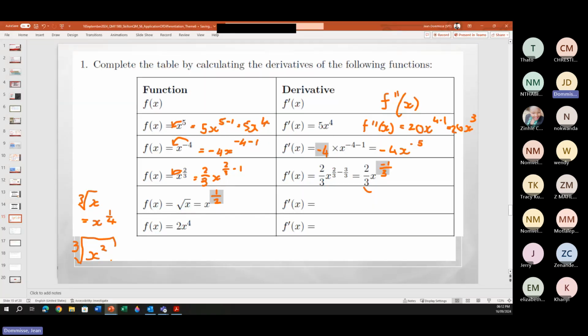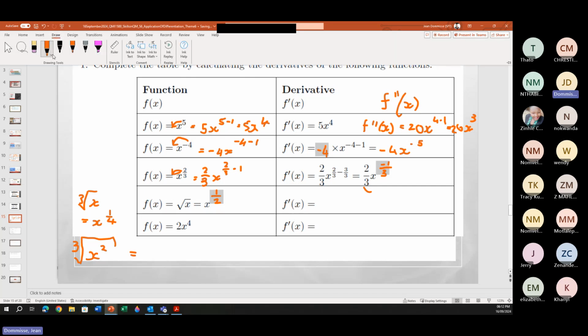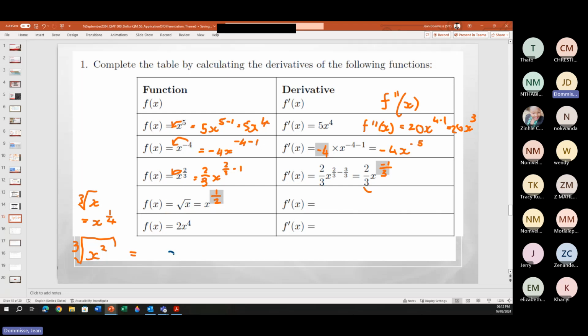So if I get x to the power of 2, cubic root, I want to show you how to see this a bit simpler: that's 2 divided by 3.